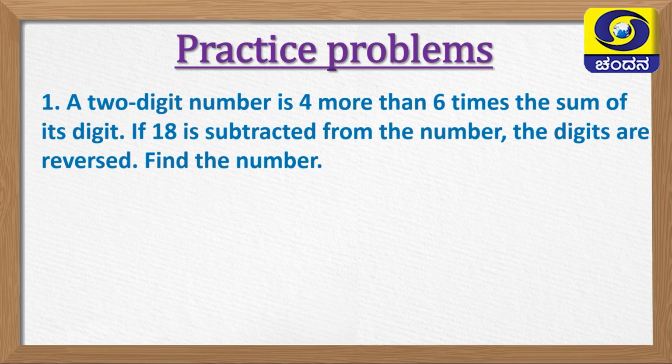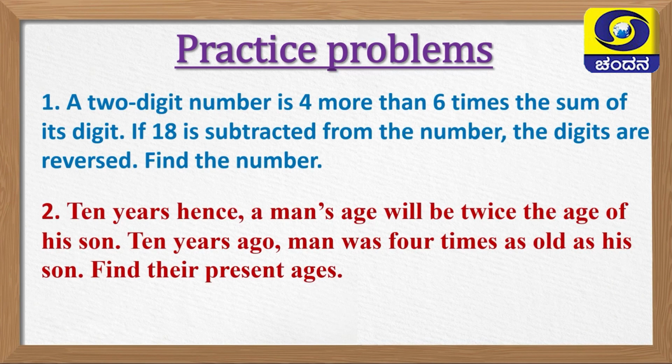Find the number. So, second problem, 10 years hence, a man's age will be twice the age of his son. 10 years ago, the man was 4 times as old as his son. Find their present ages. So, next problem, children.